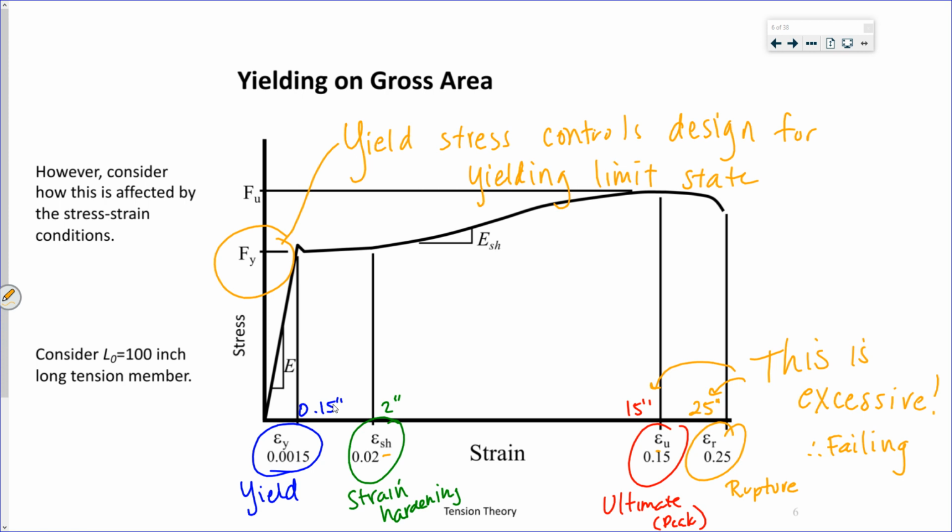So that's our first limit state, talking about yielding and why the AISC chose the yield stress to control the limit state, as a yield limit state, and called it yielding.